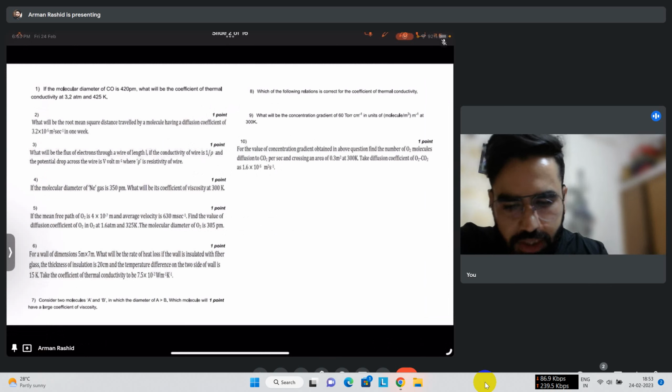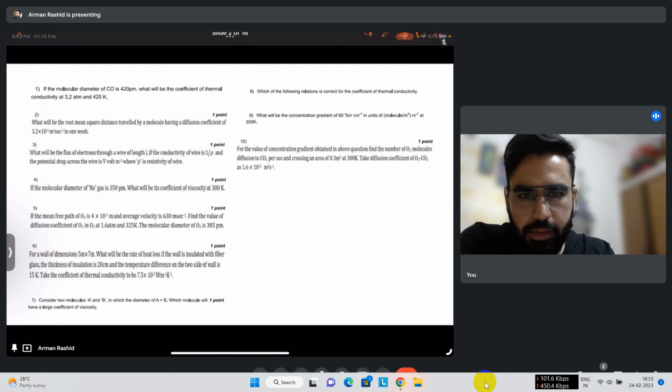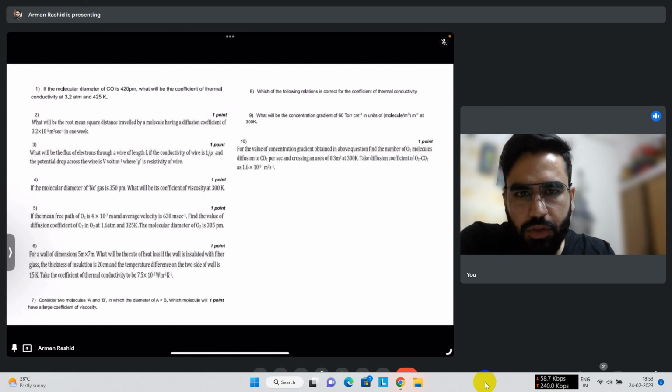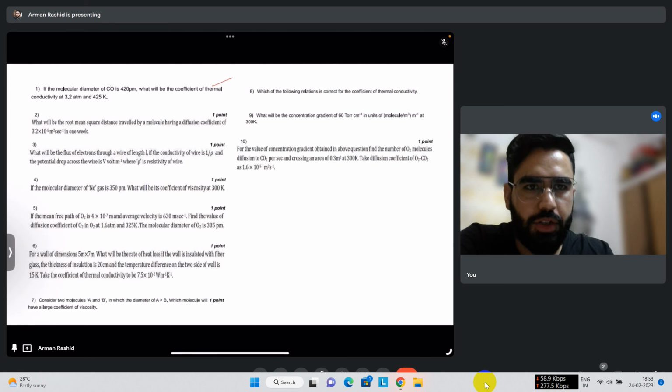These questions are related to the topics which I have briefly described, and the equations I have shown. So using those equations we will solve those questions. Now the first question is regarding the thermal conductivity of carbon dioxide. The molecular diameter is given and the thermal conductivity is given along with pressure and temperature. Now we need to find a relation between thermal conductivity and molecular diameter, that I have already shown.